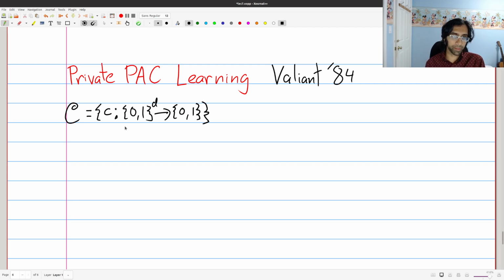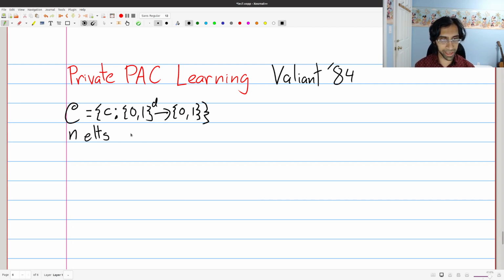The idea is that we're looking at a set of functions which map points to some labels. You can think of this as your set of possible classifiers, which could be the ones which correctly classify things. So that's the concept class, and it's also given a set of n elements.